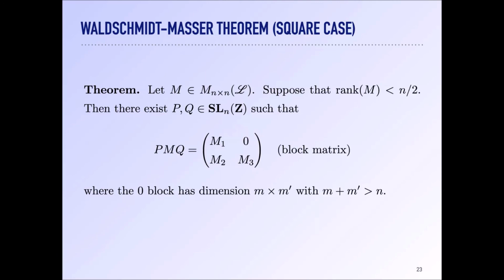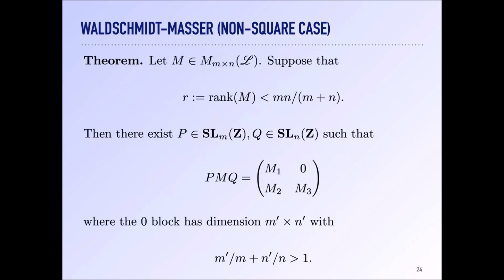But let me get back into this Waldschmidt-Masser theorem. Okay, let me state the general version for non-square matrices. So let's say you have an m by n matrix of logarithms of algebraic numbers, and suppose that the rank is less than mn over m plus n. So when m is equal to n, this is just m over 2. This is the general formula.